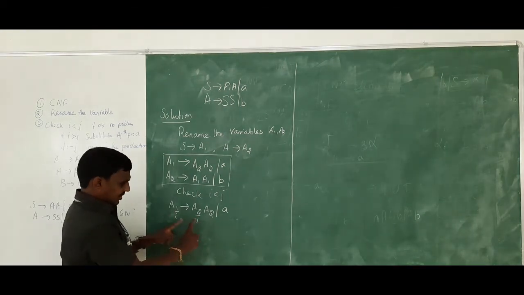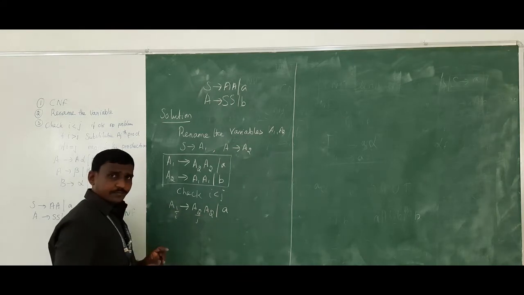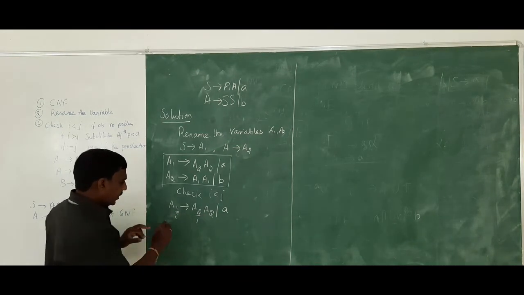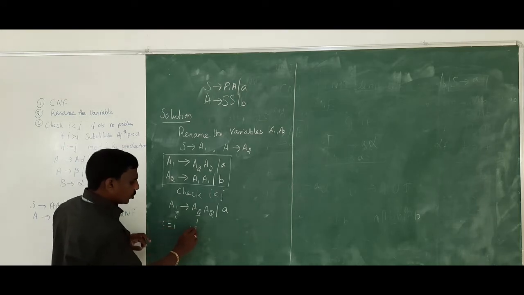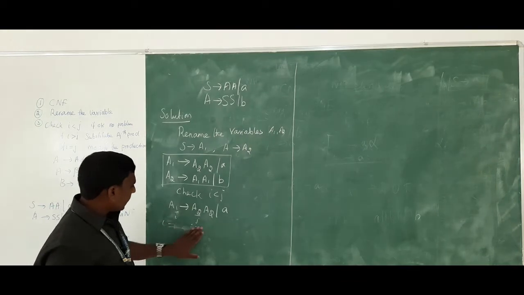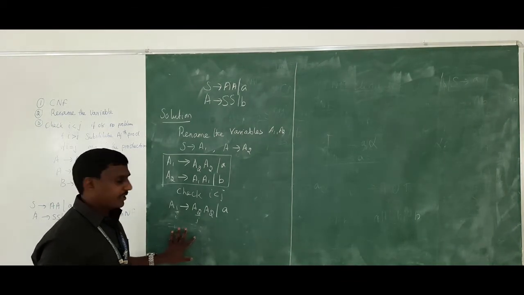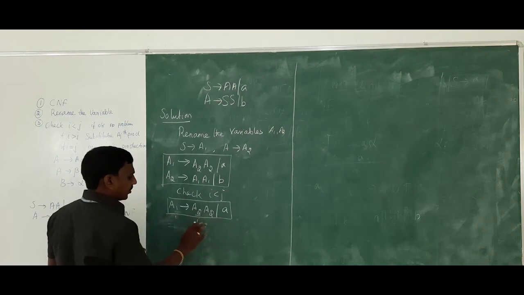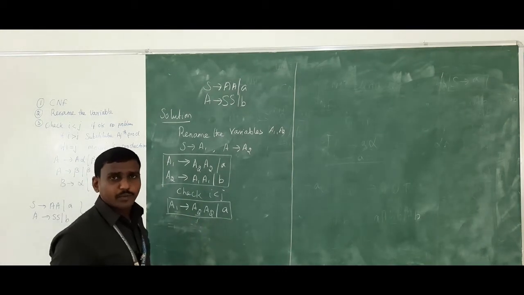This is i, this is j. One is i, two is j. Now I have to check i less than j. i equal to 1, j equal to 2. So whether i less than j, the condition is true. If i is less than j, no need for any modification. You keep this production as such.